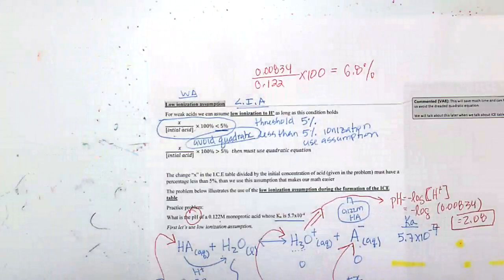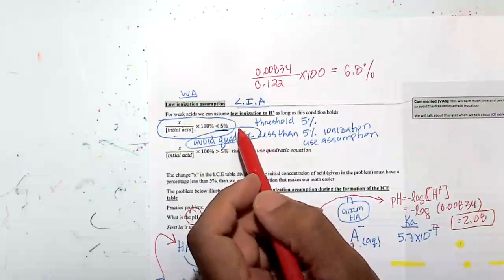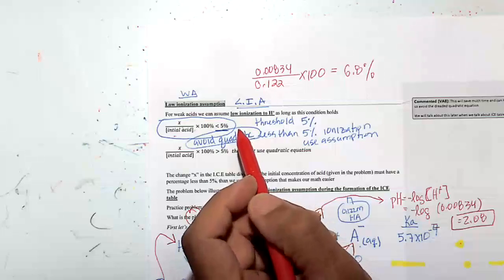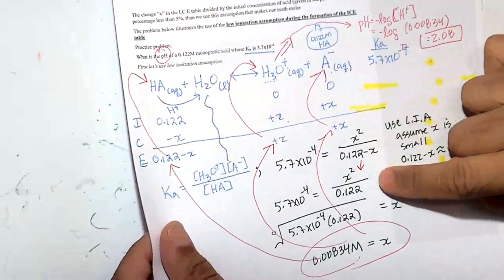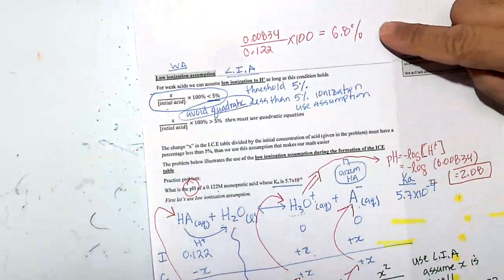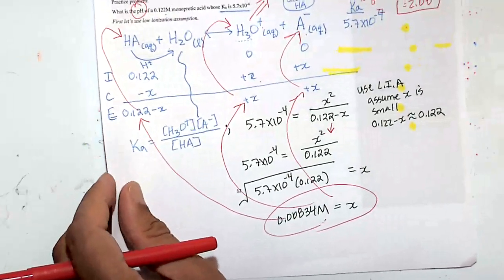Okay, what was the threshold? 5. Okay, so if it's less than 5% ionization, then this is okay to go from here to here. And this is 6.8%. So we can't use this assumption, so we'll have to use the quadratic. Okay?